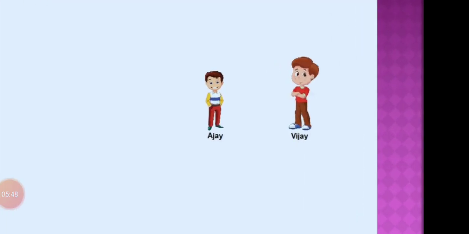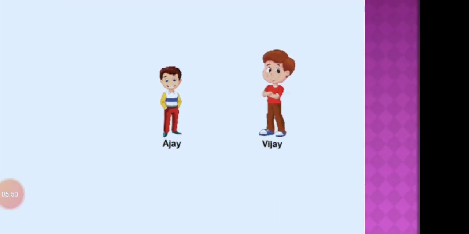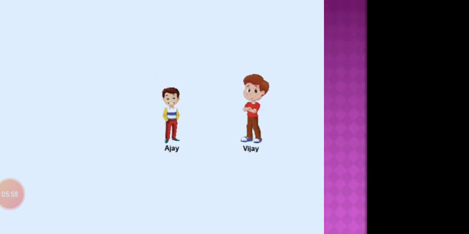Now, in comparative degree, see, this is a picture where there are Ajay and Vijay. If you want to compare between these two boys, you can say that Vijay is taller than Ajay.